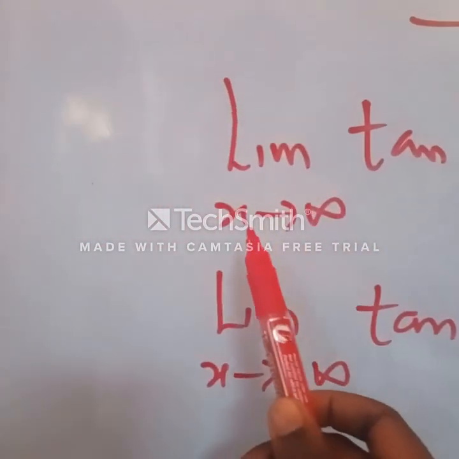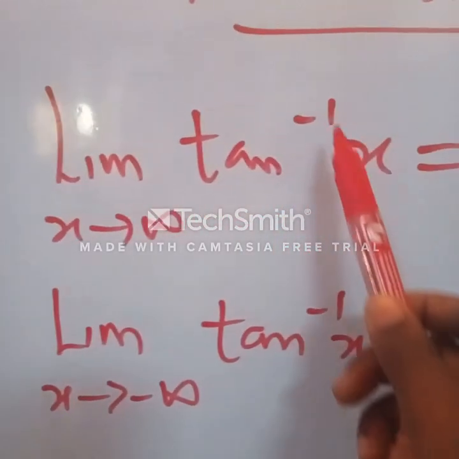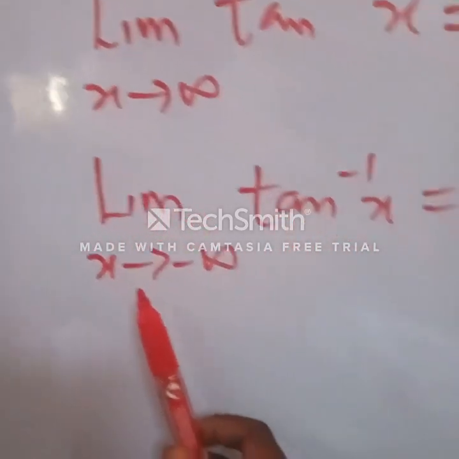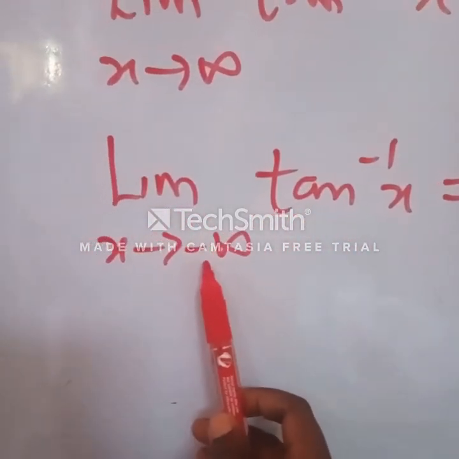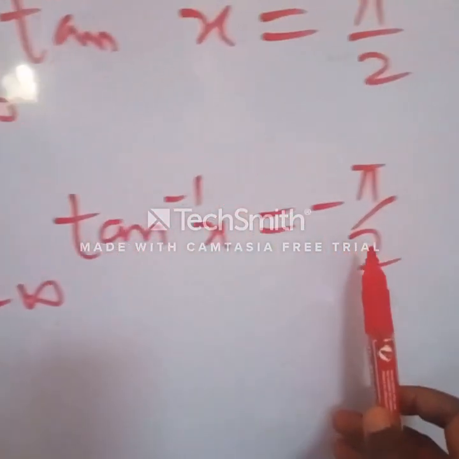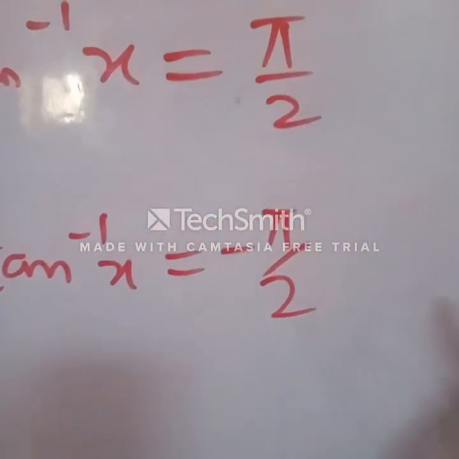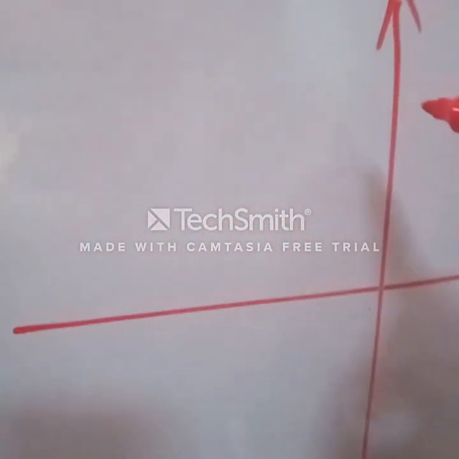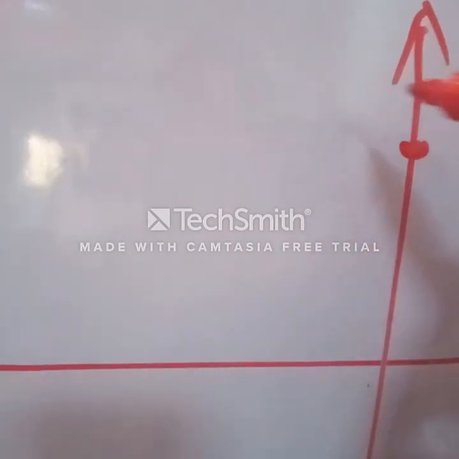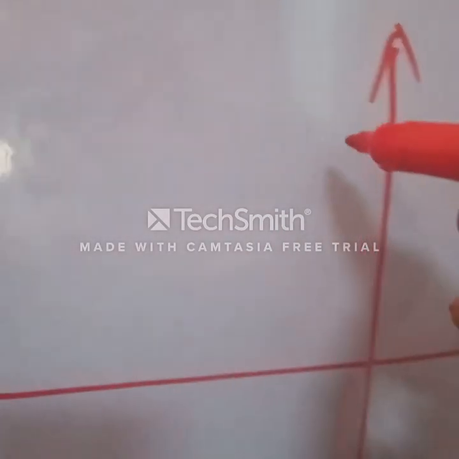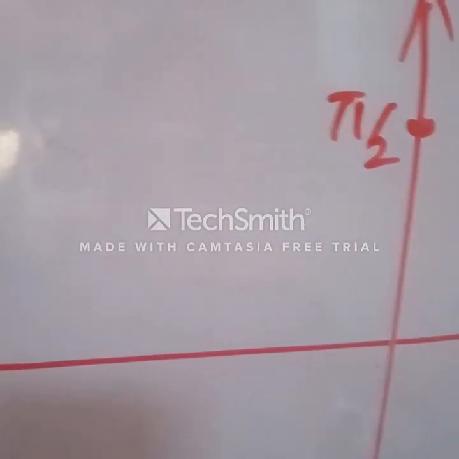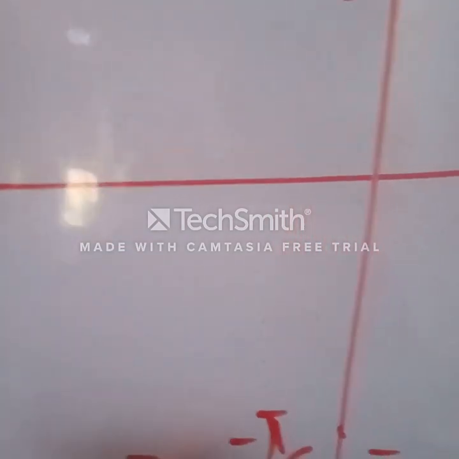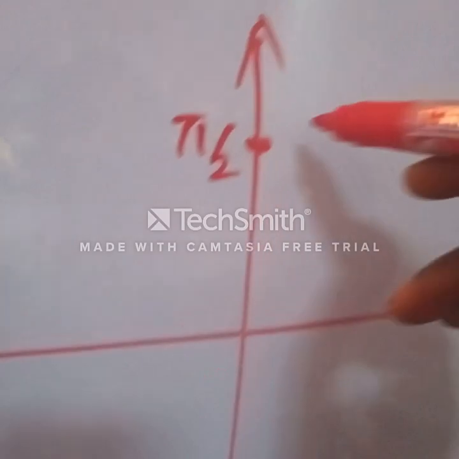This is because as x tends to positive infinity, evaluating this becomes pi over 2, and when x is decreasing to the negative without bound, the tan inverse becomes negative pi over 2. So this is how the graph looks. Let's say this is positive pi over 2, this is negative pi over 2. Let's have the line of this.